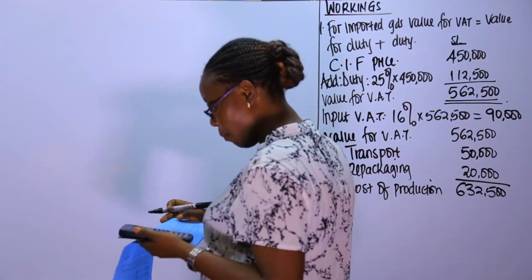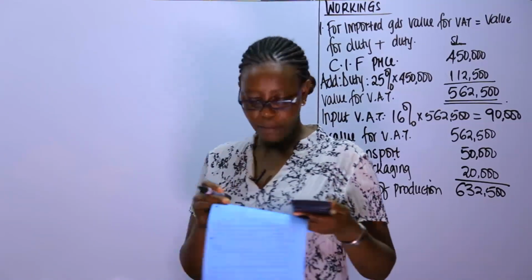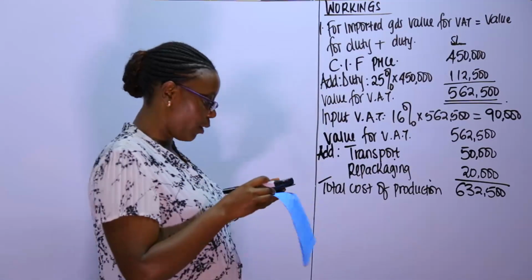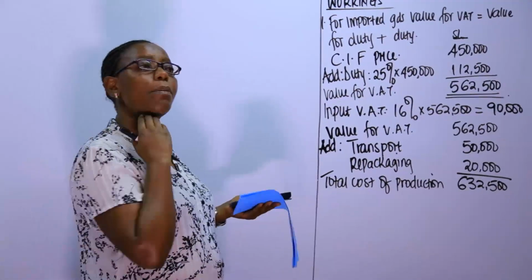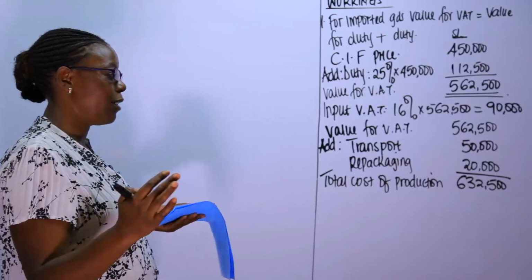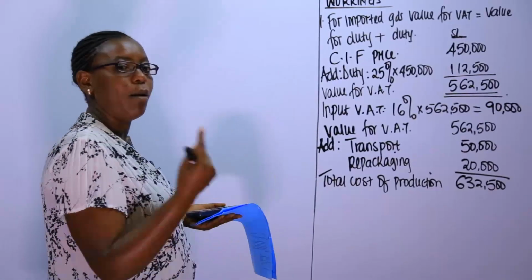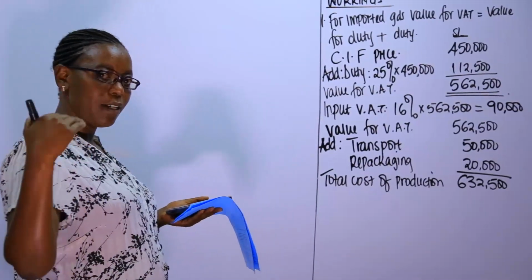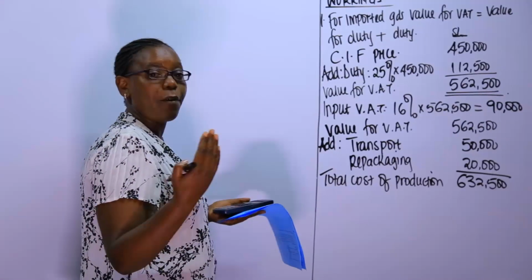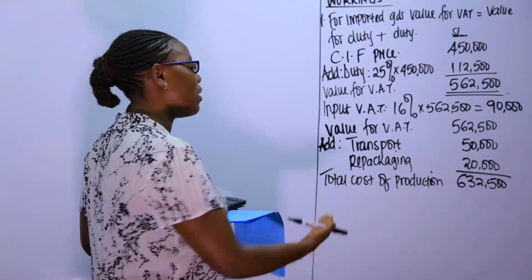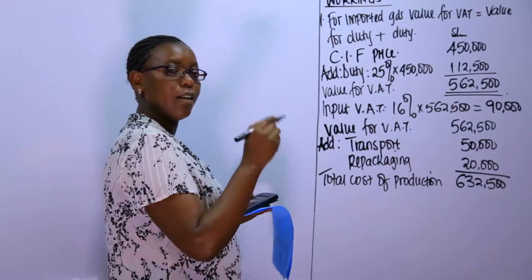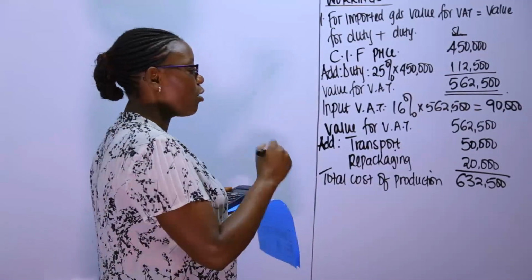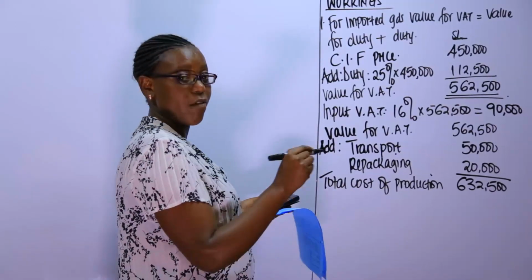Before adding a markup of 20% and later selling them as part of exports. So he's adding a markup. Now in financial accounting, a markup is a percentage of cost, while margin is a percentage of sales. So the profit that John is expecting from this transaction is 20% of the cost of production. The cost of production is 632,500 shillings.